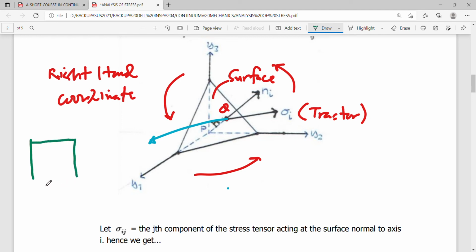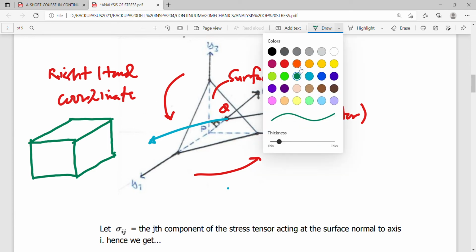Okay, so this is now your representation on the sides of the first octant. Okay, so this is now a face 3, face 1, and face 2. Taking note that our shear stresses are actually the tangential stresses on the surface of whatever is represented by the face, that is perpendicular to that direction.